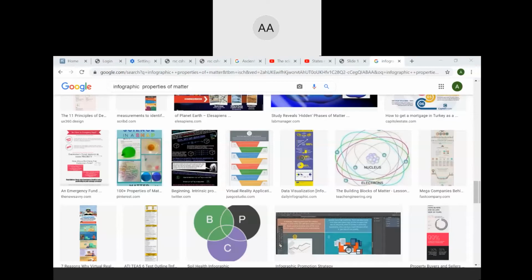So let's just recap. Dalton said everything is composed of atoms. They are indivisible building blocks of matter. All atoms of an element are identical. All atoms of different elements vary in size and mass.